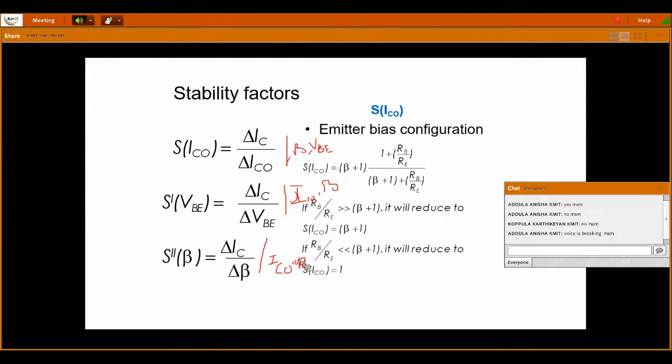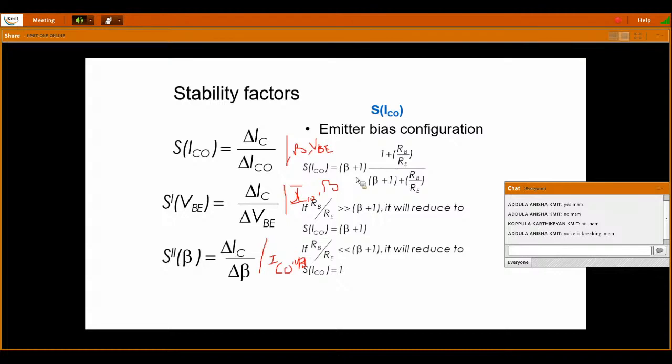Now this is the voltage divider biasing network stability factor S with respect to IC naught, which is equal to beta plus 1 times 1 plus RB divided by RE, divided by beta plus 1 plus RB divided by RE. If the ratio of base resistor RB divided by RE is far less than beta plus 1, then I can ignore the terms RB and RE in the numerator as well as in the denominator.